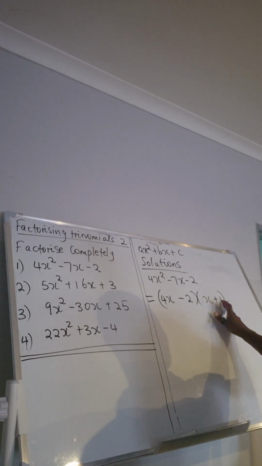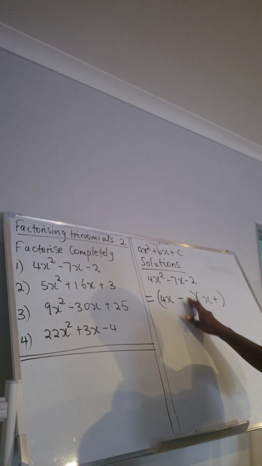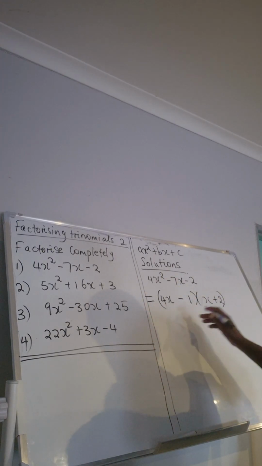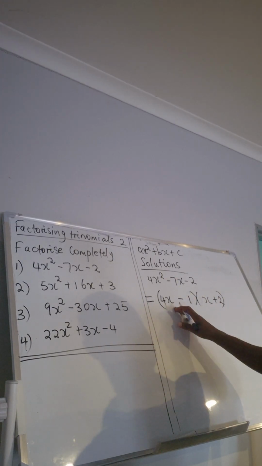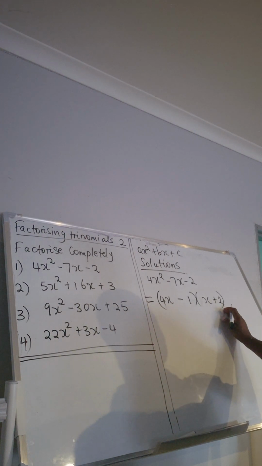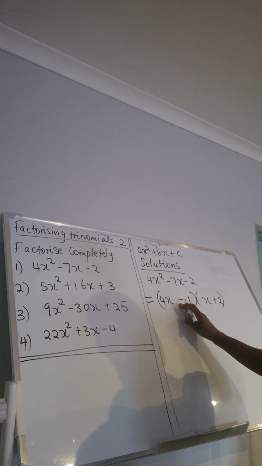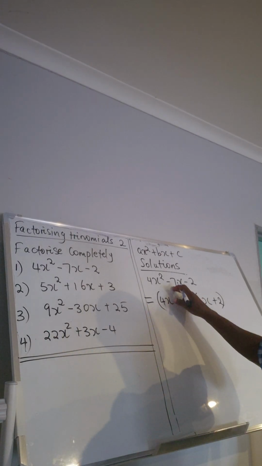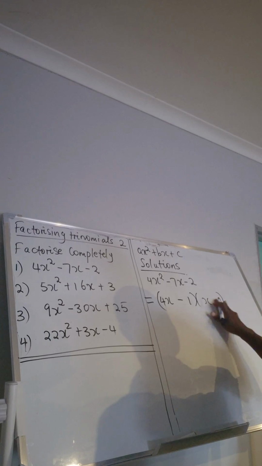Then we switch. We can put a 1 here and then a 2 here. Then check the signs. 4x times 2 is 8x minus x, which is 7x positive. But we need a negative. So let's switch the signs.